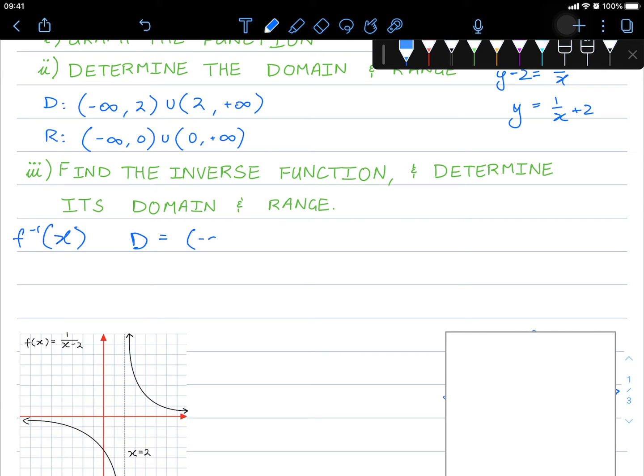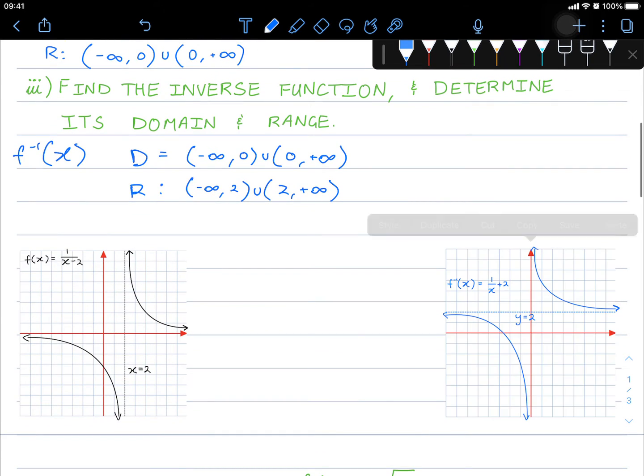So negative infinity to 0, union 0 to positive infinity, and its range was once its domain: negative infinity to 2, union with 2 to positive infinity.